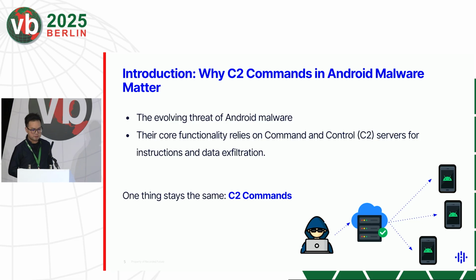And the C2 commands are like the brain of any sophisticated malware. They are the instructions sent by the malware author that tell the malware what to do, such as stealing credentials, encrypting files, or performing other malicious behaviors. Therefore, understanding these commands is crucial to understanding the malware's true capabilities.